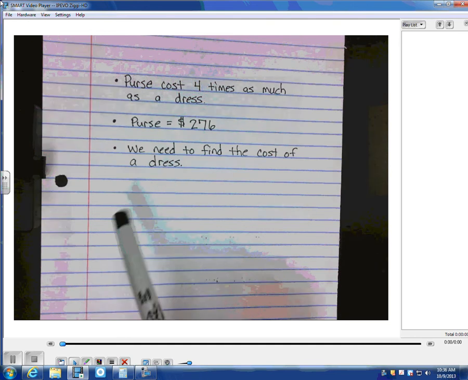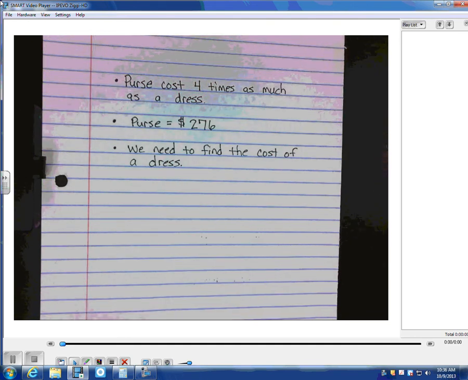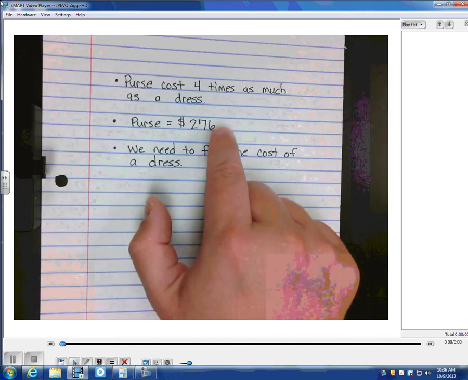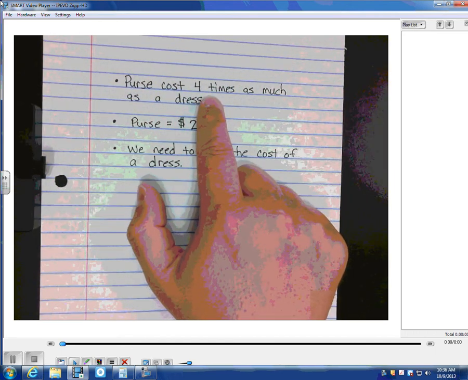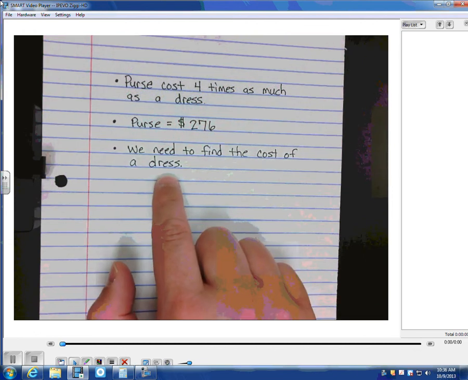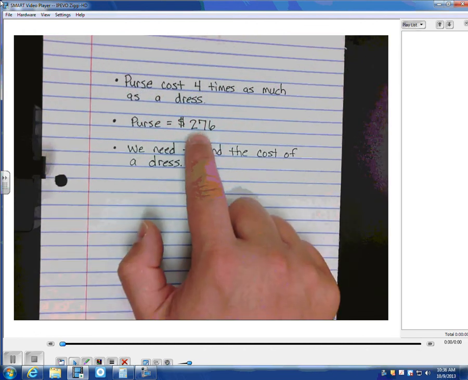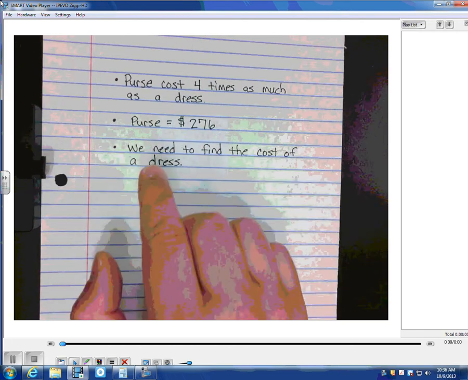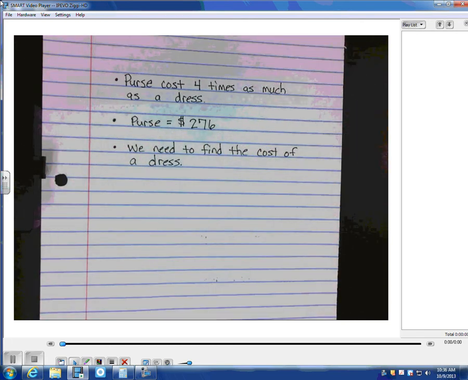The first thing you may want to do when you read this is say, oh, I need to multiply 276 times 4. And that's going to give you a really big number. That wouldn't make any sense for us to do, because we're trying to find out how much one dress costs. We know the purse costs $276, and we know the purse is 4 times more expensive than the dress. So the dress is obviously going to be a lower number.